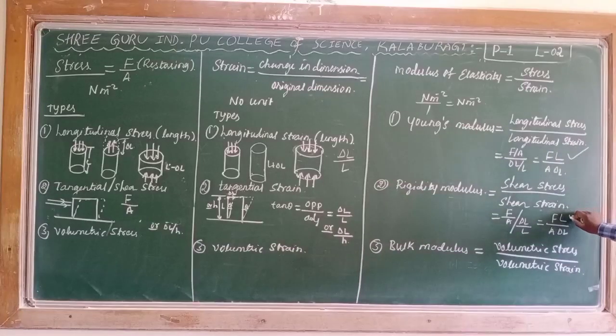Young's modulus and rigidity modulus have the same formula. Why? Because these two types explain only solid bodies. We can apply this formula for solid bodies, not for liquids and gases.